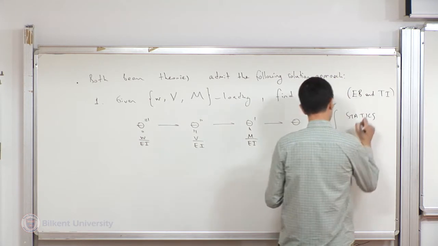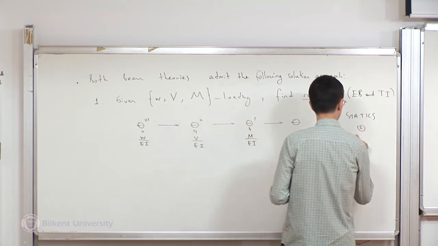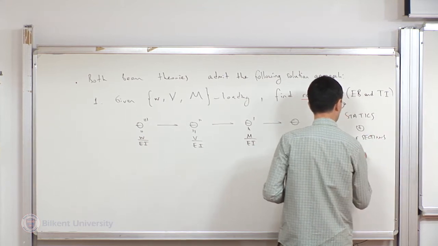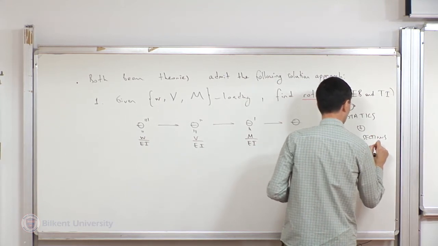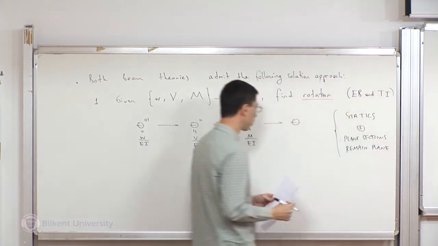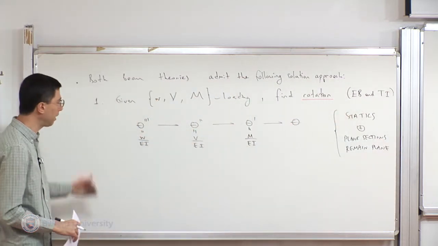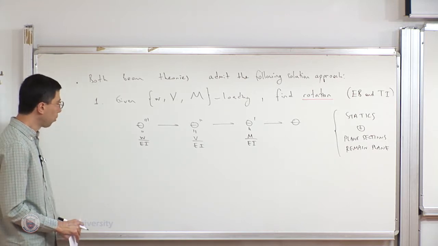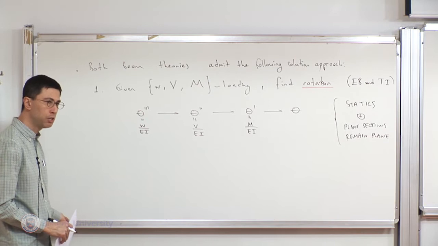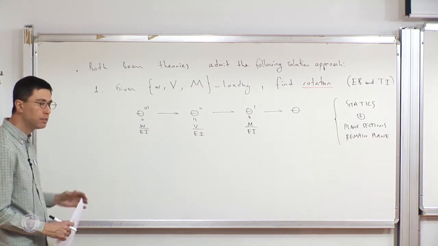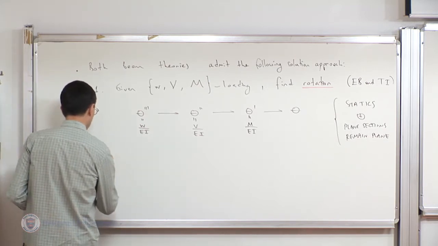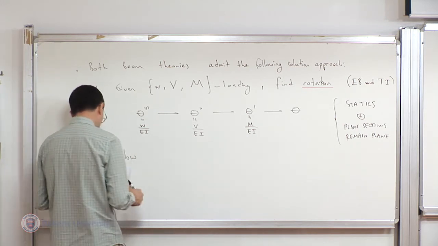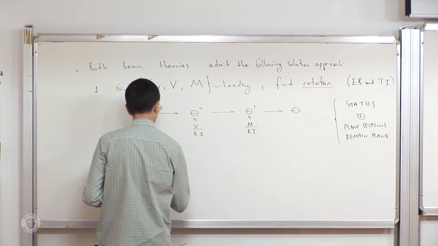So we are combining statics with the plane sections remain plane assumption in order to develop this solution diagram in the first step for the rotation. Now, once we find the rotation, then eventually our goal is to find a deflection. And so we go to the second step, which is the deflection step. And this is where the two beam theories differ from each other.